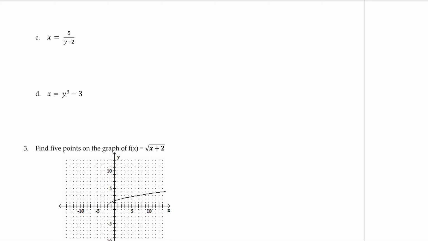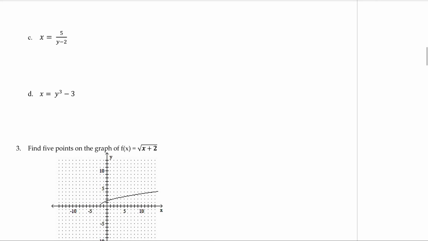Now, when I teach solving fractions like this, typically teachers will teach you to multiply by the denominator on both sides. But my students tend to make a very big mistake on this second side because they forget to distribute the x on both sides. So I like to teach a different method.